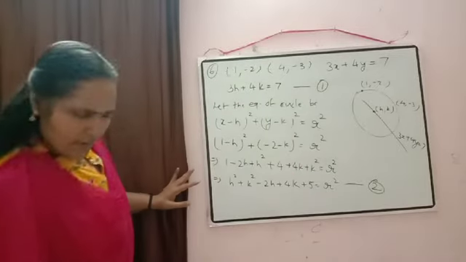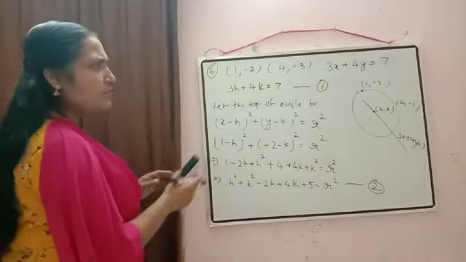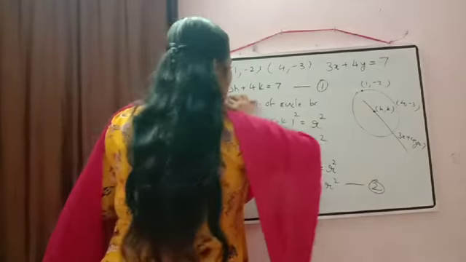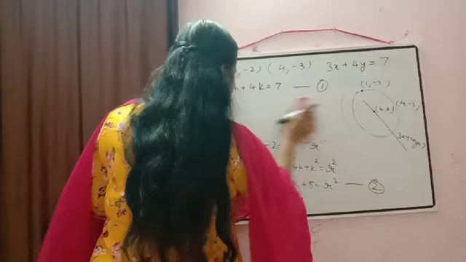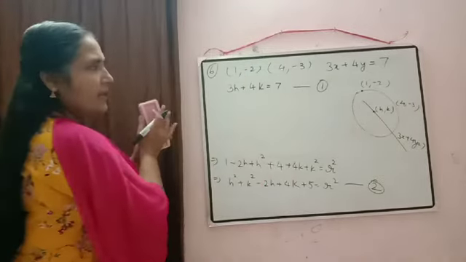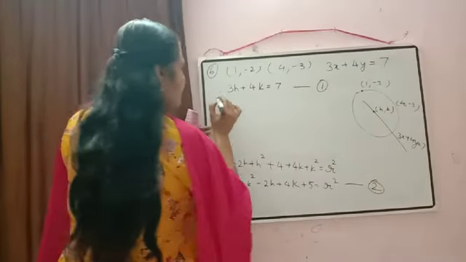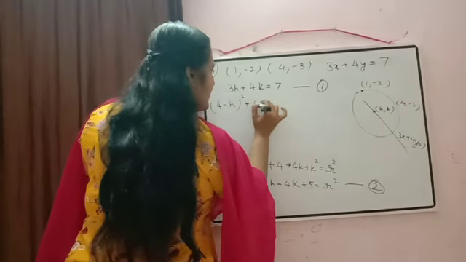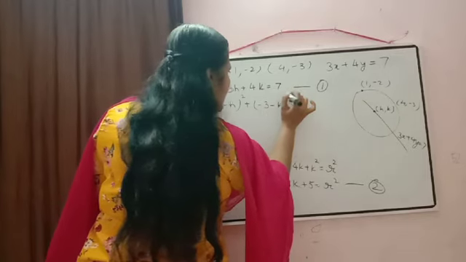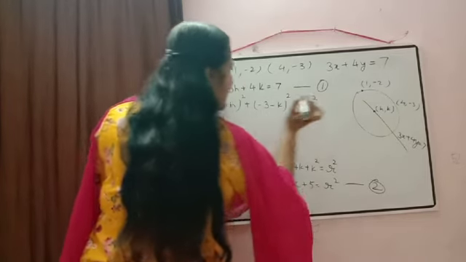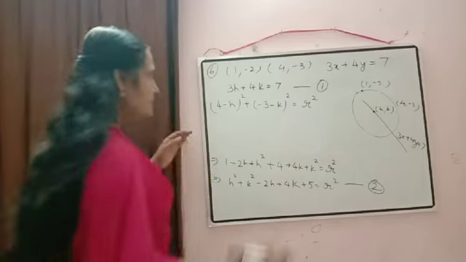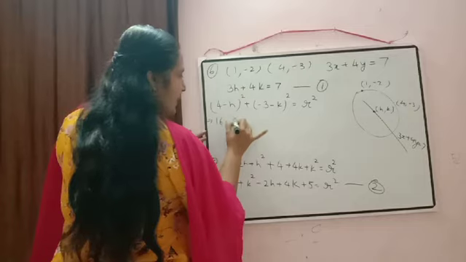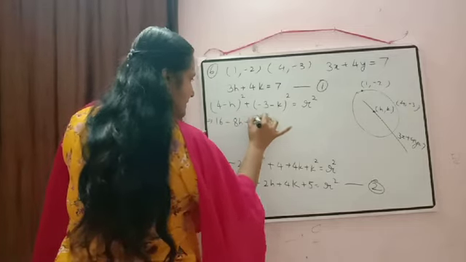Now, in the same way, the circle passes through one more point, that is 4 comma minus 3. So again, in place of x we substitute 4 and in place of y we substitute minus 3. Then we get (4 minus h) the whole square plus (minus 3 minus k) the whole square is equal to r square. Now expand it. 4 square is 16 minus 8h plus h square, correct?